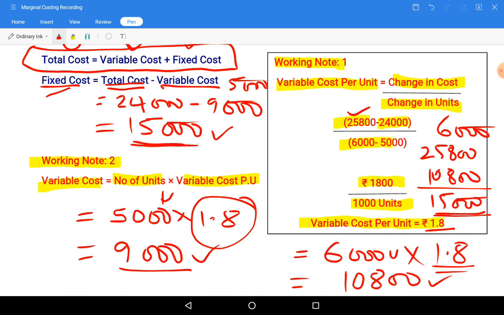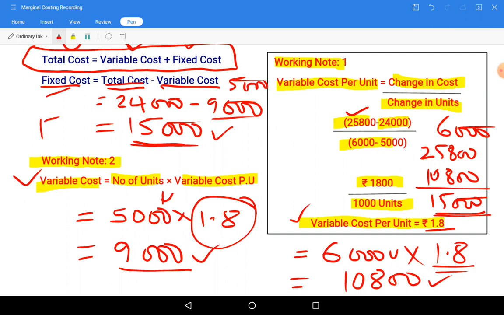First we need to find out variable cost per unit, then you will calculate variable cost in total at any level of output, whether 5,000 or 6,000. From the total semi variable cost, if you deduct the variable cost, you will get fixed cost. Hope you have understood till here.